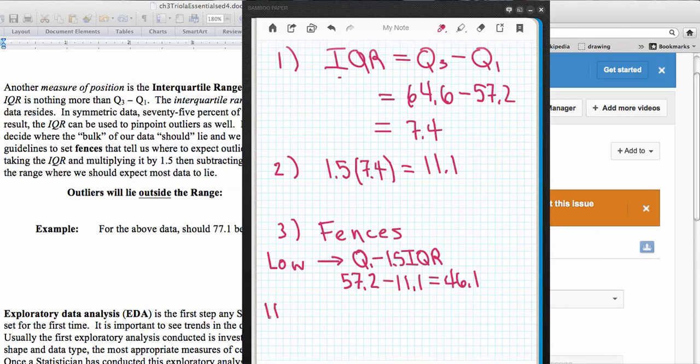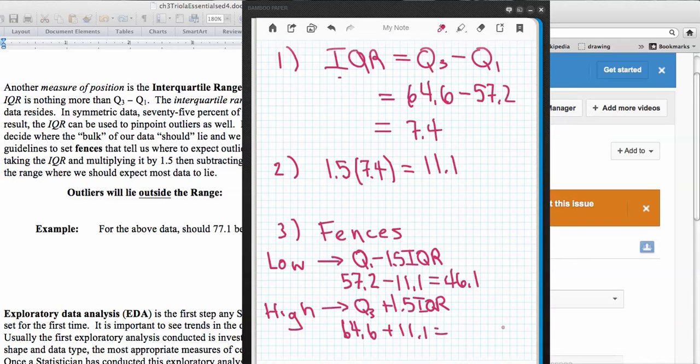Now my high fence is my third quartile plus 1.5 times the IQR. So this one starts out with my high number, 64.6, and then adds 11.1.